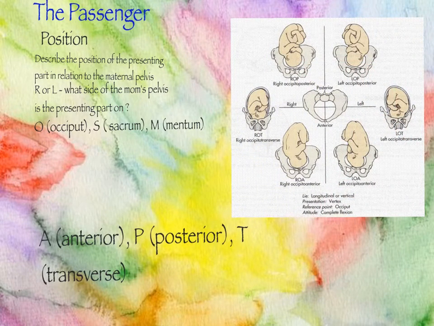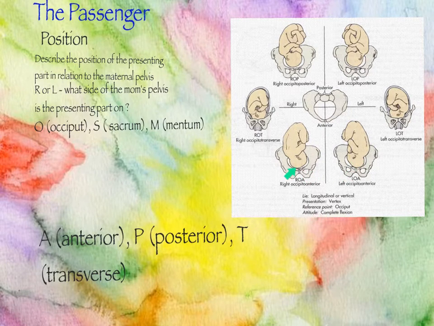Now for your third letter, you are looking at whether the presenting part is anterior, which means it's coming from the front. There's an anterior presentation. There's another anterior presentation. It means that the presenting part faces towards the front of mom's pelvis, towards that pubic bone. So the back of the head faces the pubic bone.